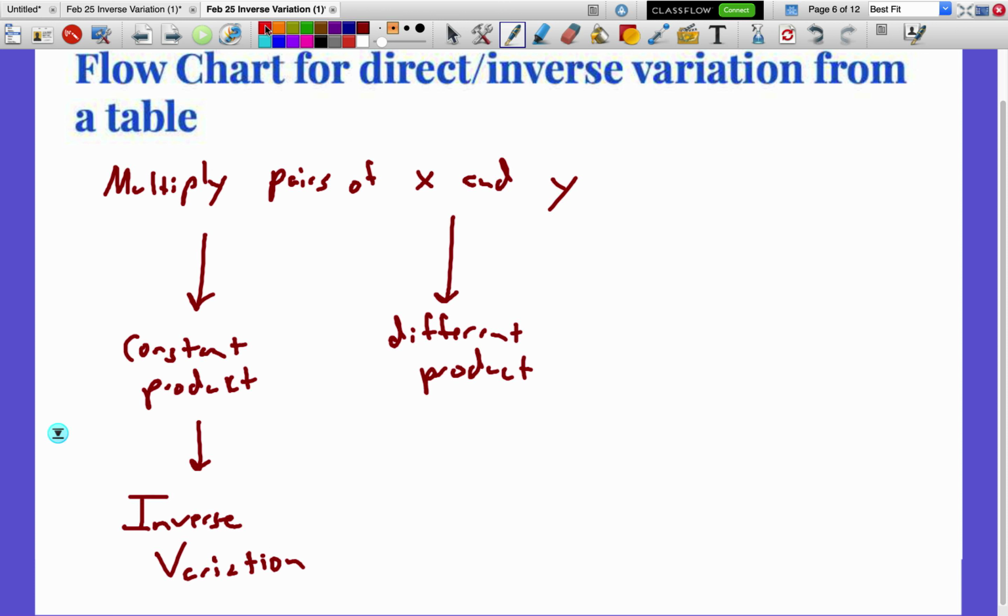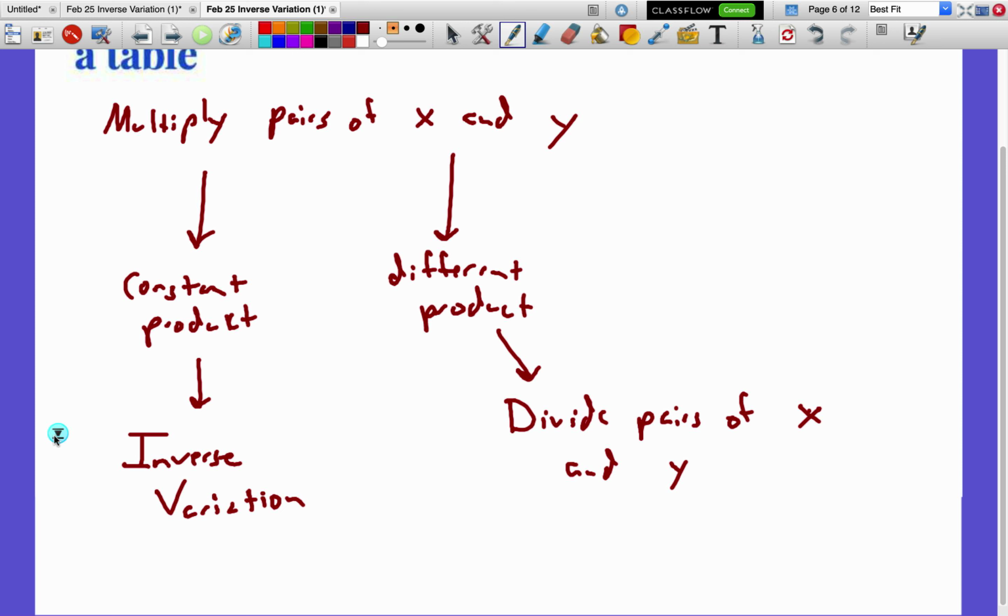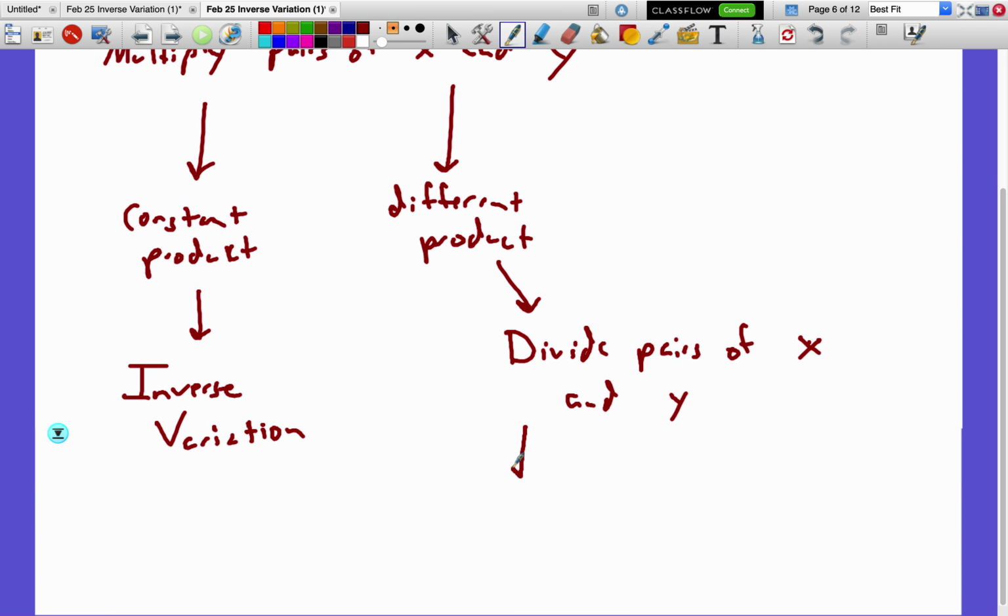All right, but if we got a different product each time, it means it could still be direct variation. So to test for direct variation, we're going to divide pairs of x and y. If we get a constant quotient, that's going to be direct variation.